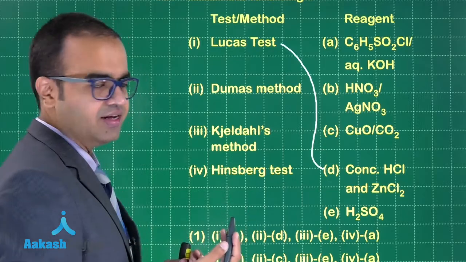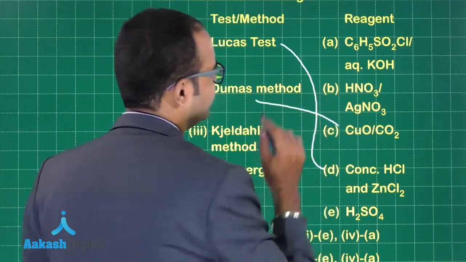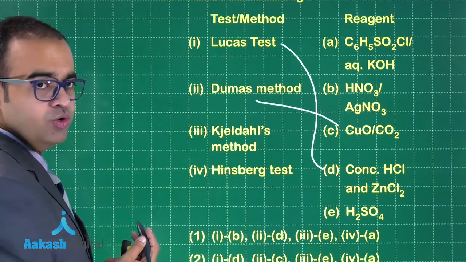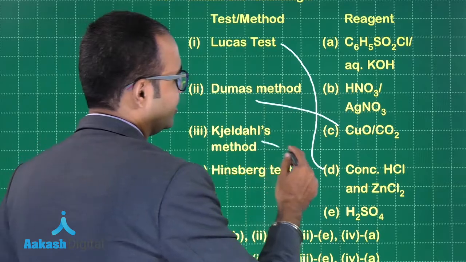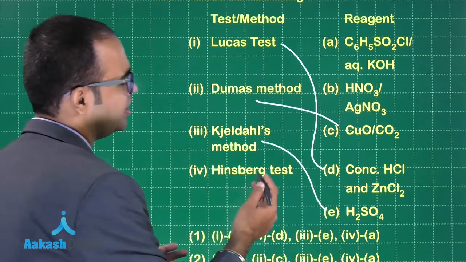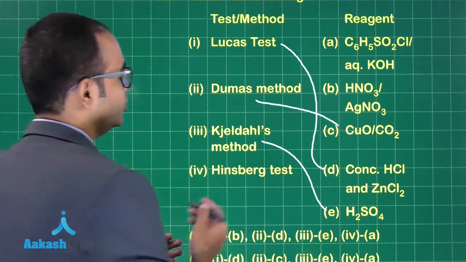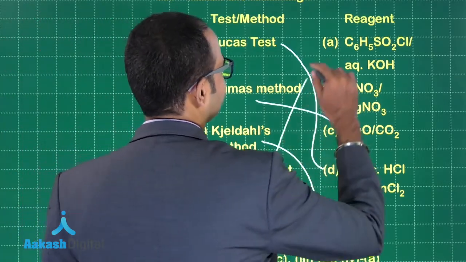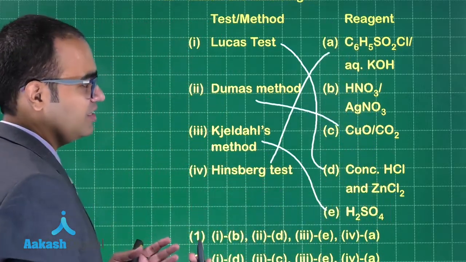You are using CuO and CO2. Kjeldahl's method: you are using H2SO4. Yes. And Hinsberg test. Hinsberg test is for identification of amines. So 4 is A. This reagent is called Hinsberg's reagent.